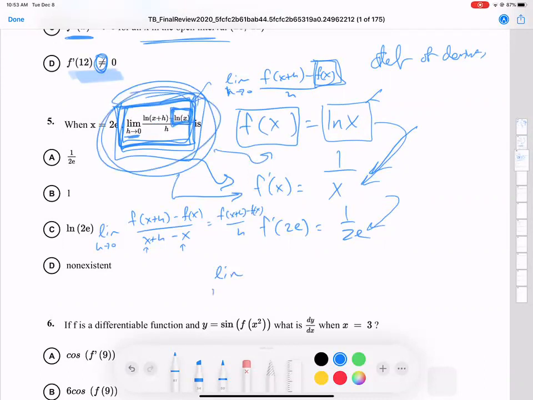If I wrote limit as h approaches 0 of x plus h squared minus x squared over h, what do you think this is the derivative of? X squared. Yeah, it's just the derivative of x squared. Oh, because you always plug in f of x to the last part of the equation, right?